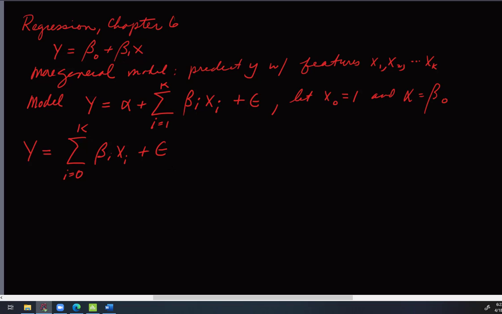And the whole activity of linear regression is to find the beta i's and minimize the error. And we'll be using, of course, a least squared algorithm for minimizing error.